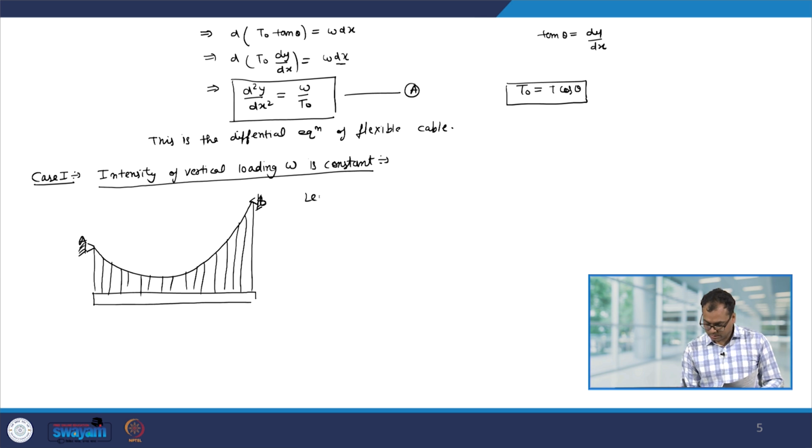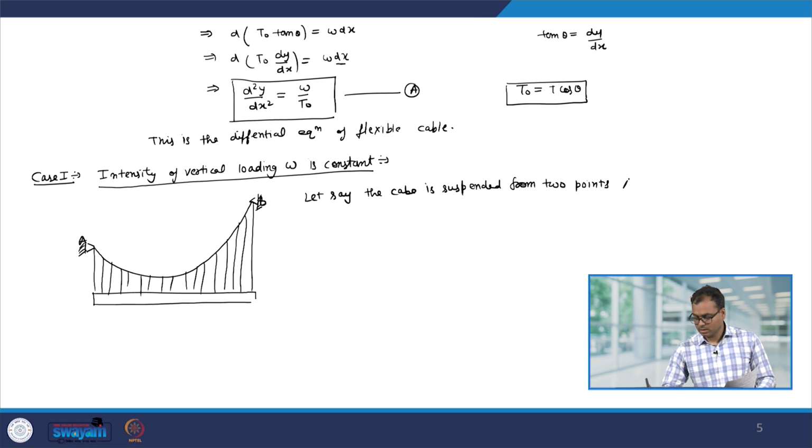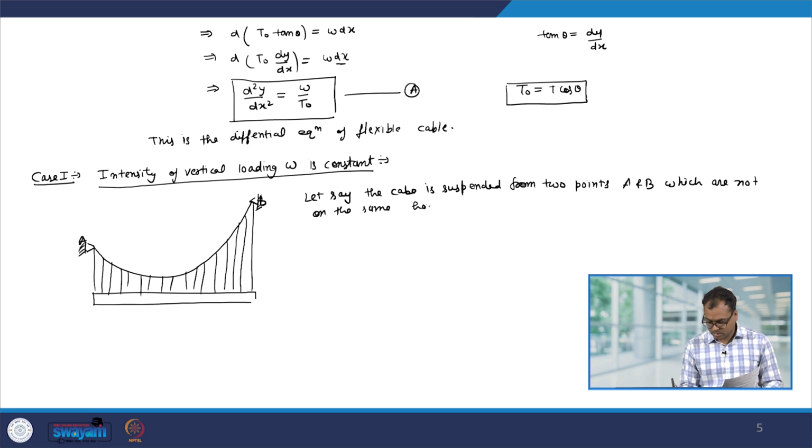So, let us say the cable is suspended from 2 points A and B, which are not on the same horizontal line.